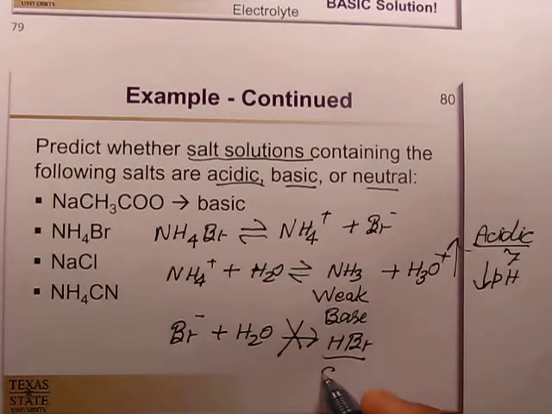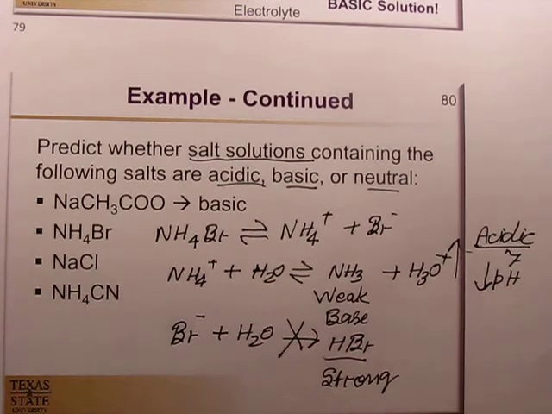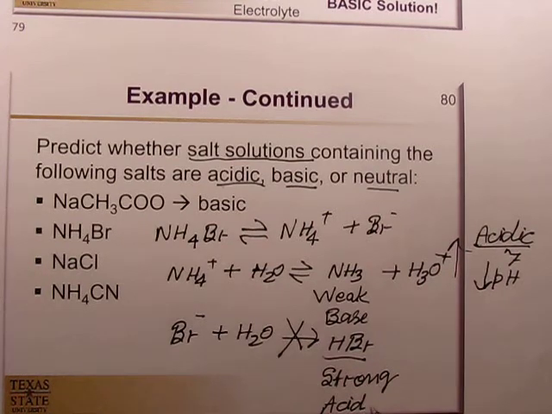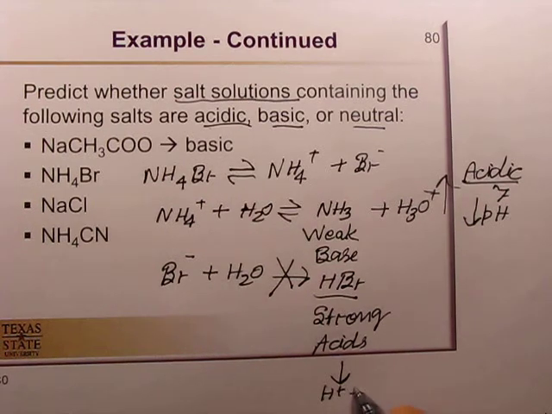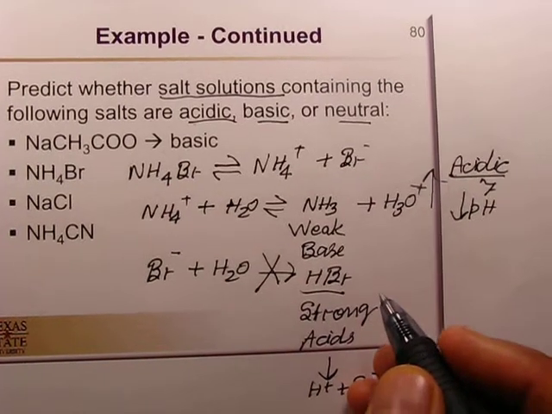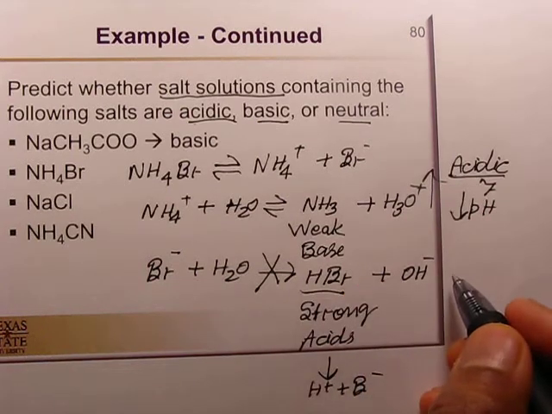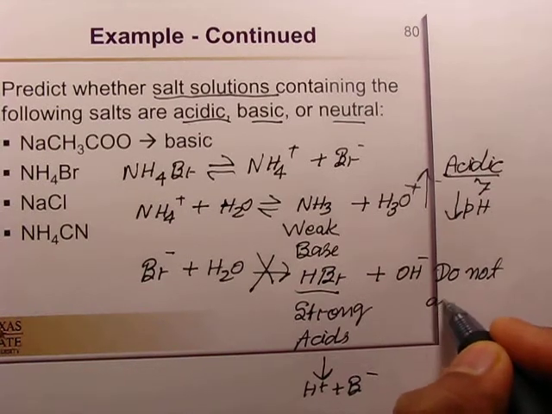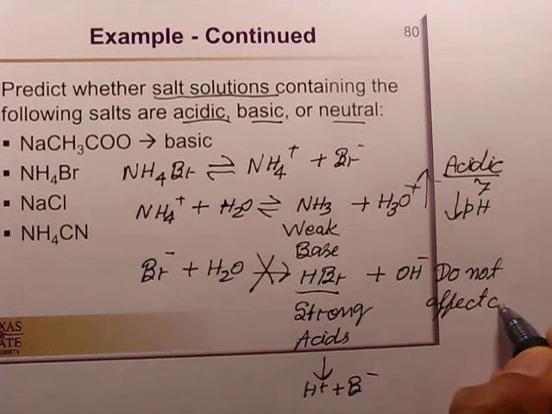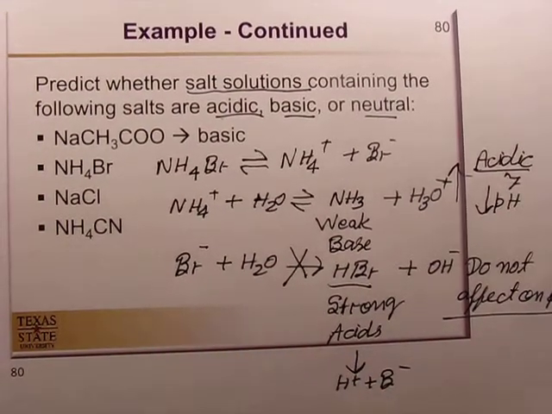HBr is a strong acid, and all strong acids dissociate 100% into hydrogen ion plus bromide ion. That is why bromide ion will remain as such in the water and won't react. So it does not affect the pH. There will be no change in the pH due to the bromide ion.